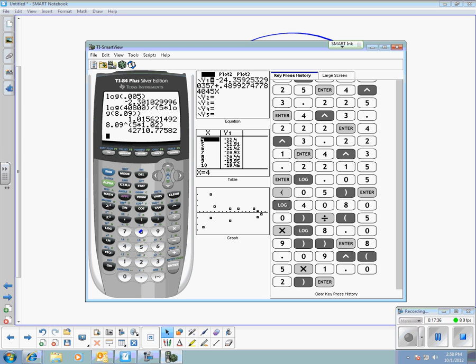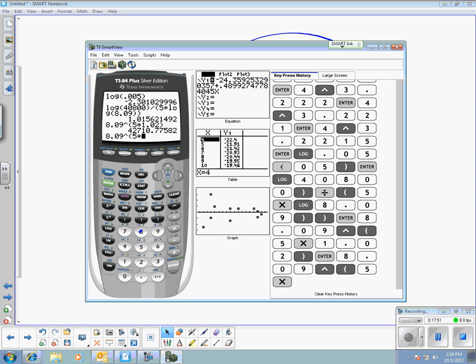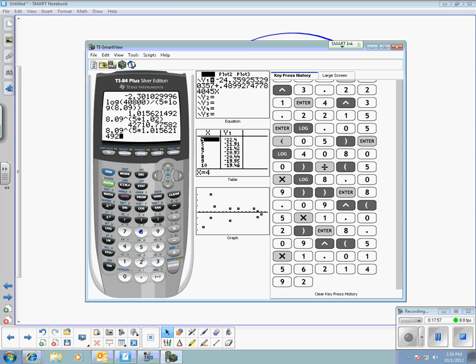Now I rounded off my 1.02 quite a bit. I think it was actually 1.01562. Let's see, 8.09 to the 5 times 1.01562, and that's a lot closer to 40,800.